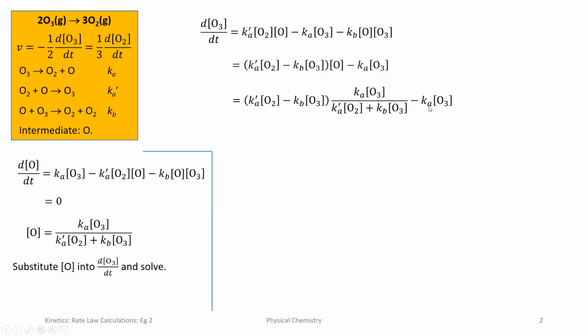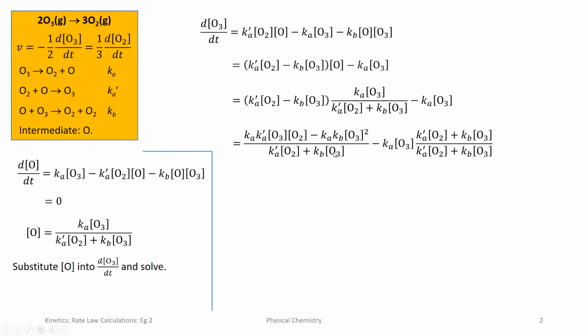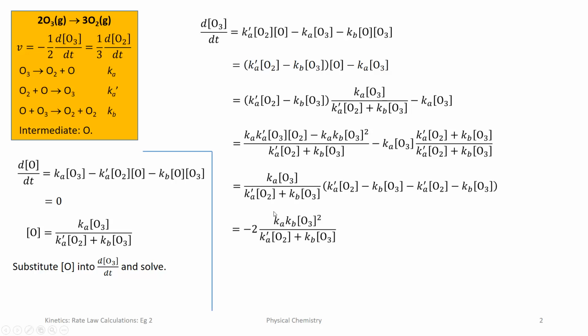Now, to add this up, we put on a common denominator, and then take out the common factors, which we do here. We notice there's some cancellation, and we'll get some addition, and we find the following result. So the net rate of formation is -2 times this expression here.